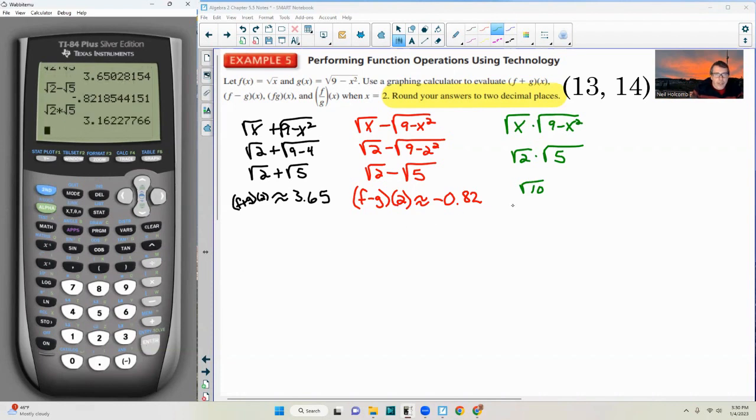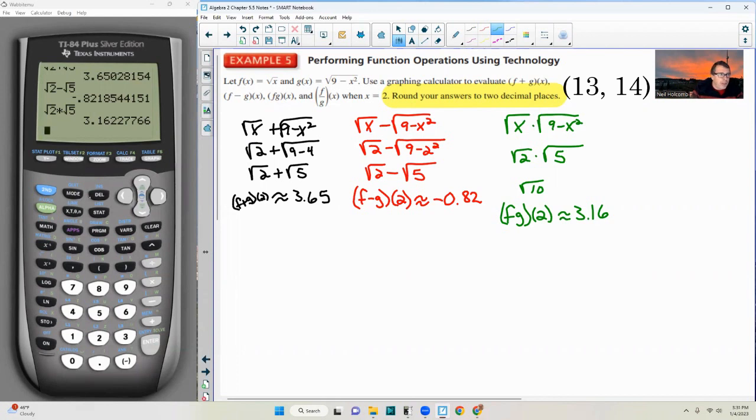So I now know that f times g of 2 is 3.162. The 2 is going to make that 6 stay. So it's 3.16, and I use an equal sign. Whoops. That is not an equals. When I round, it's now an approximation.